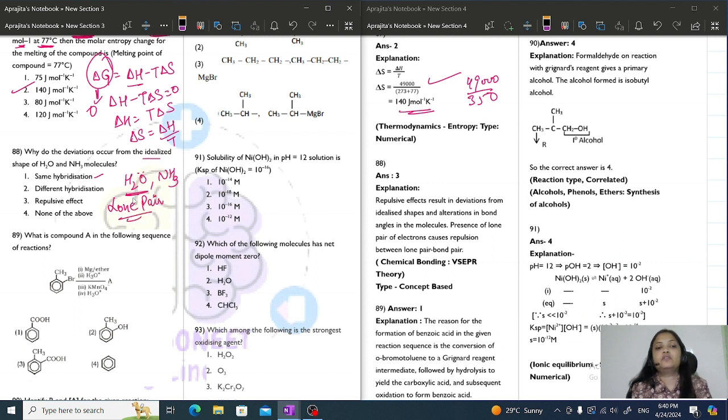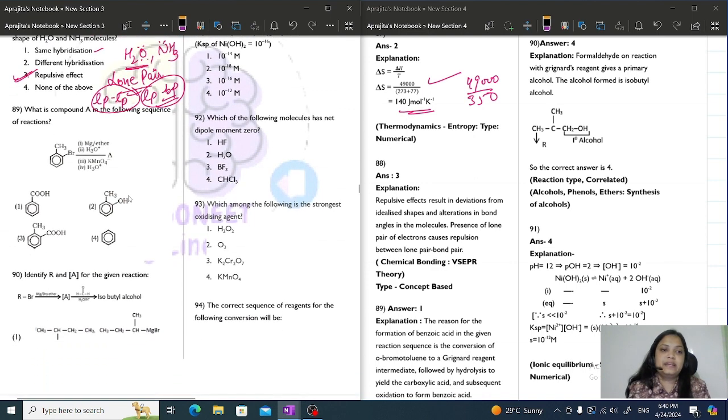In this case, 2 lone pairs are there on the oxygen and 1 lone pair is there on the nitrogen atom. Because of lone pairs, there are lone pair repulsions and lone pair bond pair repulsions as well. Because of these repulsions, the deviations happen from the idealized shape of the molecules. So yes, the answer is option 3, that is the repulsive effect, the repulsion because of the lone pair.